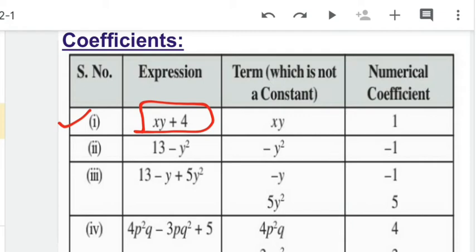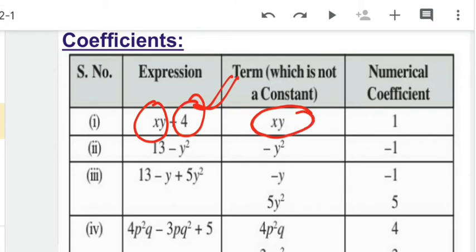Let's take a term in which we have variables also, meaning which is not a constant. Here you can see that we have two terms. The first is xy and the second is 4. The 4 is a constant, so we have to leave it. So we can take the term xy, with x and y.